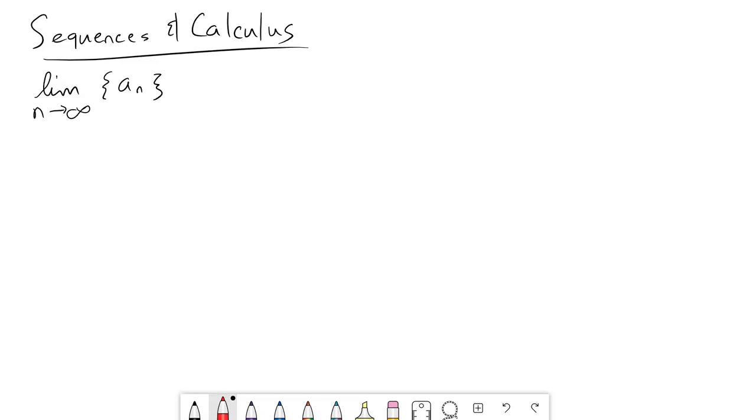So first off, we have to think of this idea of converging and diverging. These are two important terms we need to know. Converging means, in terms of calculus and sequences, basically the limit as n approaches infinity of the sequence a of n is equal to a number.